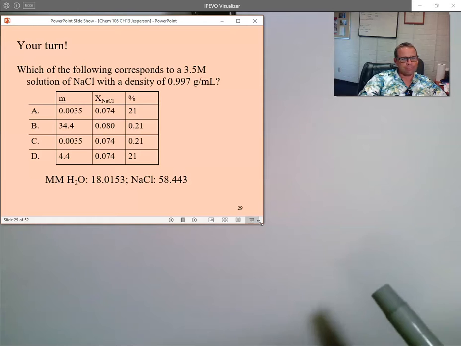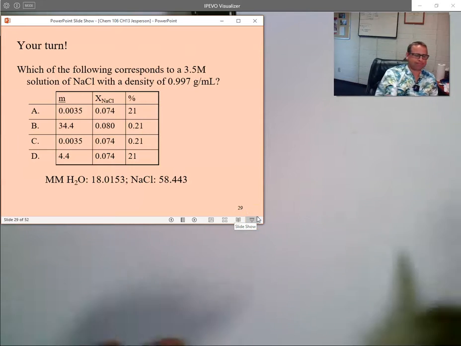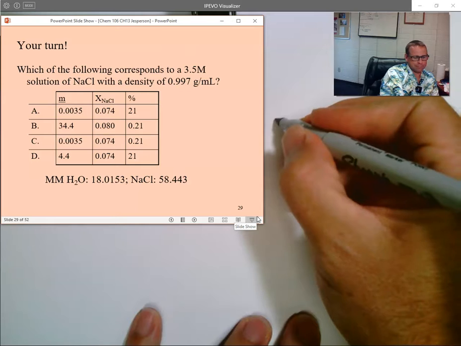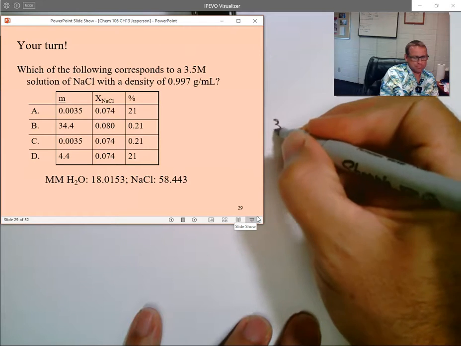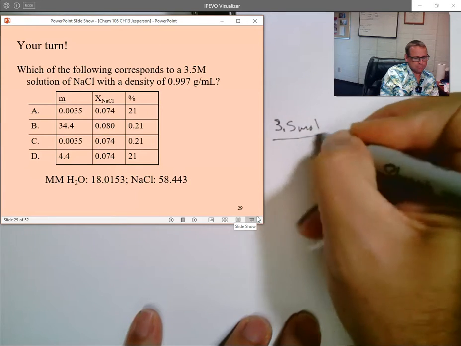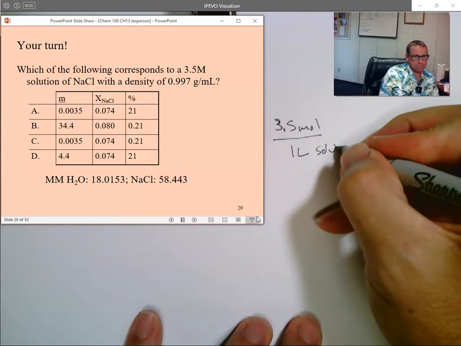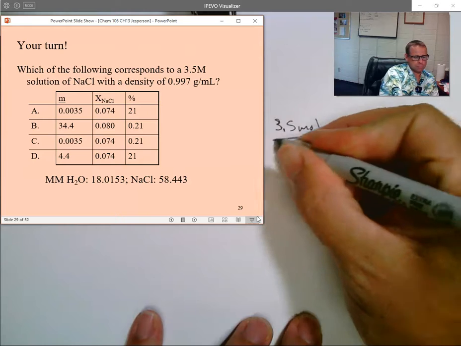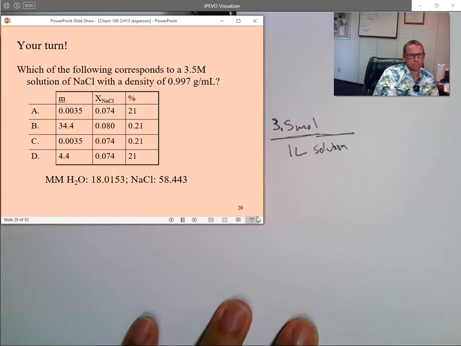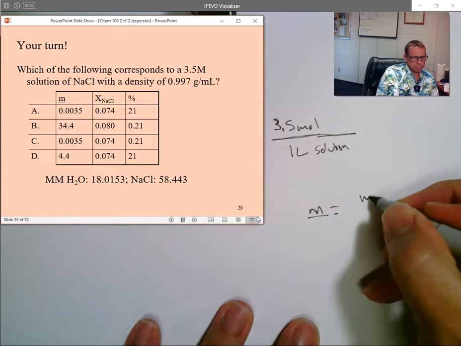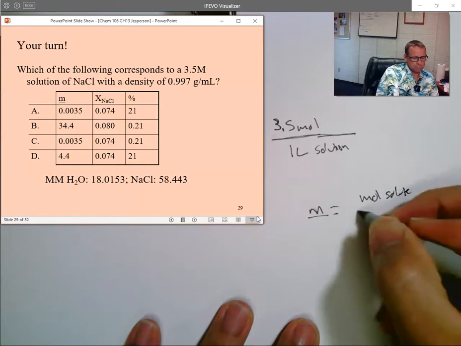Okay. So I started with the molar. They give you the molar concentration, which is we have 3.5 moles per 1 liter of solution. And so I just worked on finding the molality first, and molality is moles of solute per kilograms of solvent.